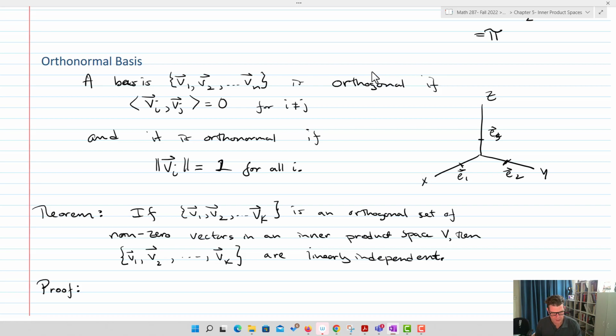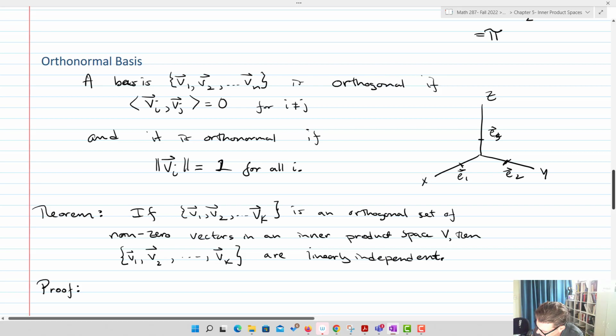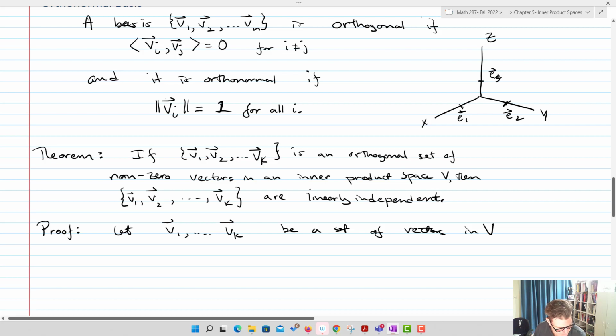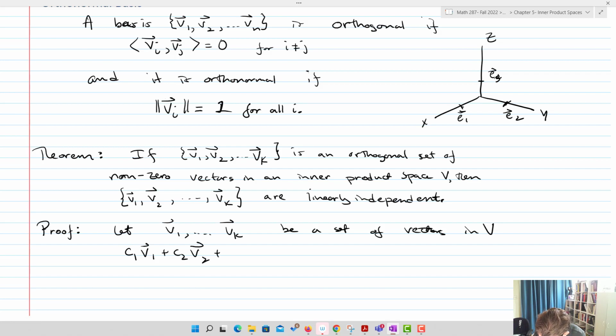And then that's going to allow us to conceptualize these bases for orthogonal vectors. So what we'll do is assume we have a set: let v1 through vk be a set of vectors in V, whatever our vector space is, and we'll let it also be an inner product space. We set up c1 v1 plus c2 v2 plus ... plus cn vn equal to the 0 vector.